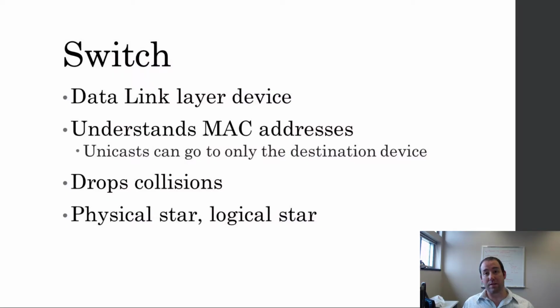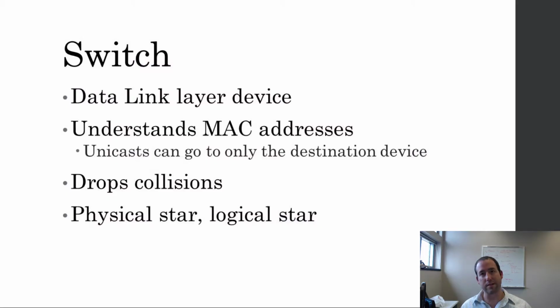Another thing that a switch does is it drops collisions, meaning it saves a lot of bandwidth and it saves a lot of network processing on each of those devices. When a collision happens, the switch throws it away. Because it's a data link layer device, it basically does what Ethernet does. It sees a collision, says, okay, nobody needs to hear this because something went wrong, and throws it away.